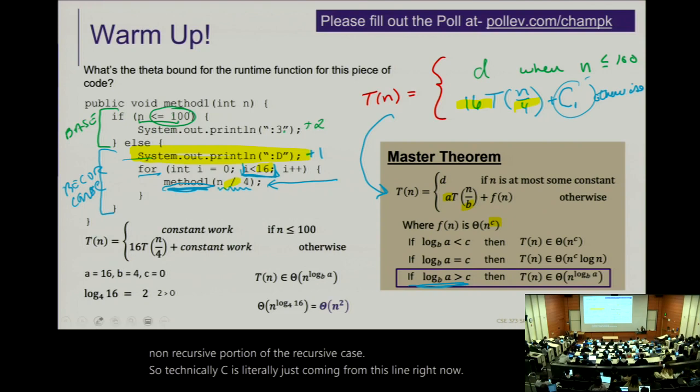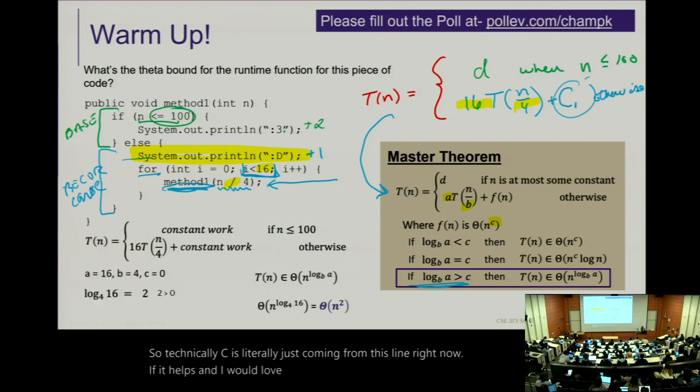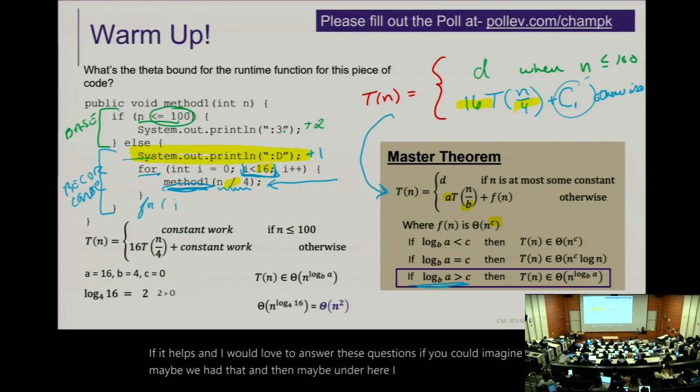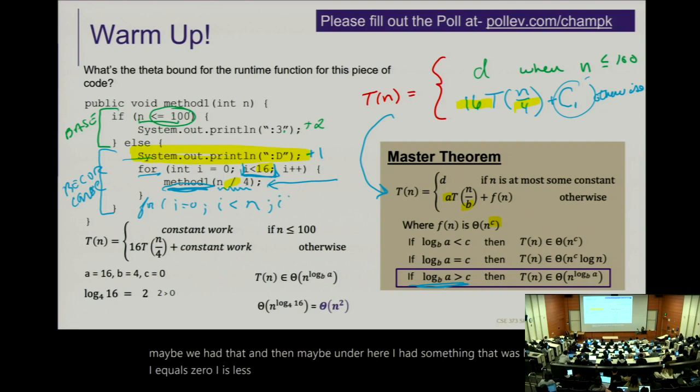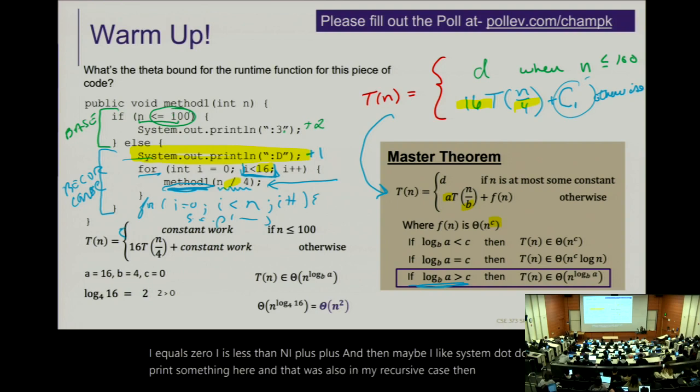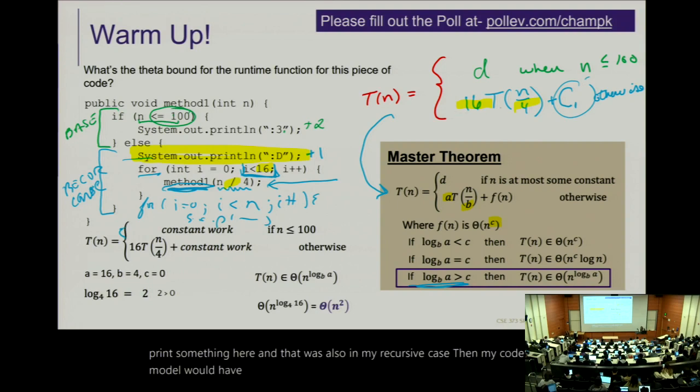If it helps, and I would love to answer these questions, imagine maybe under here I had something like for i equals 0, i is less than n, i plus plus, and then maybe a System.out.print something here, and that was also in my recursive case. Then my model would have been 16T(n/4) plus some constant plus n.